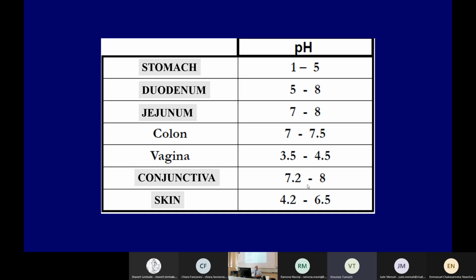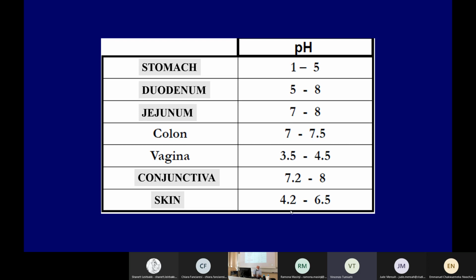Once again, remember the pH of the different districts of our body: stomach 1 to 5, duodenum 5 to 8, jejunum 7 to 8, colon, vagina, conjunctiva 7 to 8, skin.